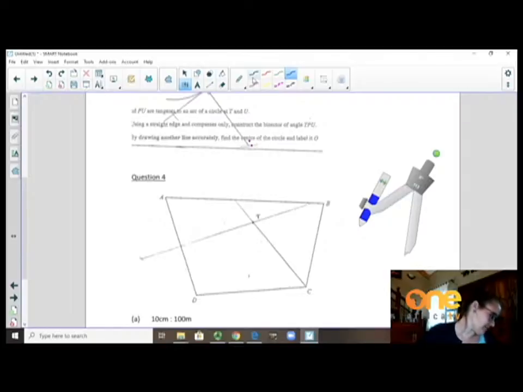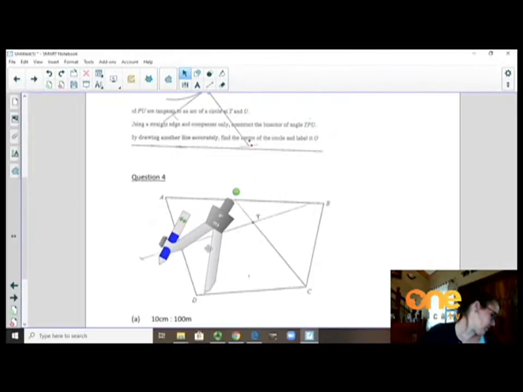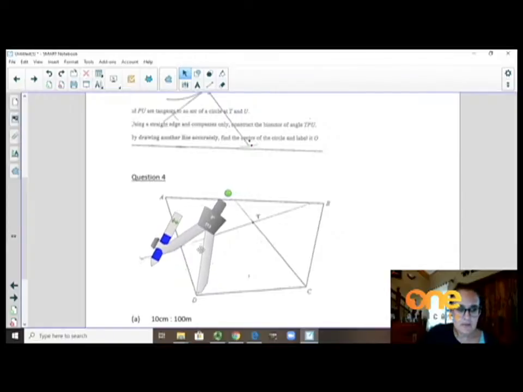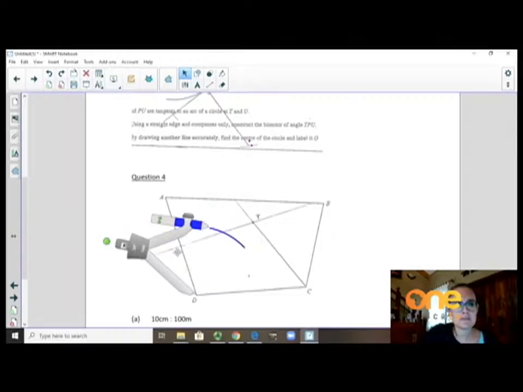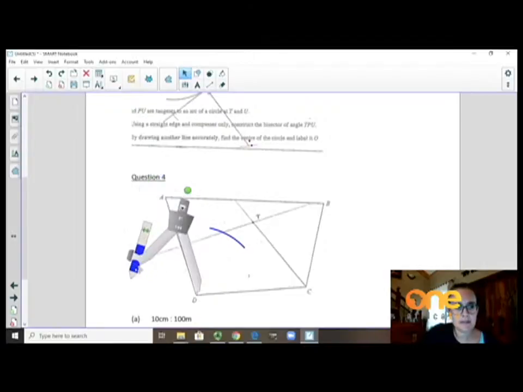So equidistant from point A and point D. So what we need to do is get our compass, point A and point D. So from point A, I will construct my lines on both sides, compass back, D, constructing my lines.